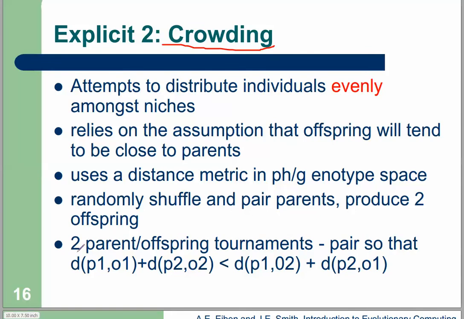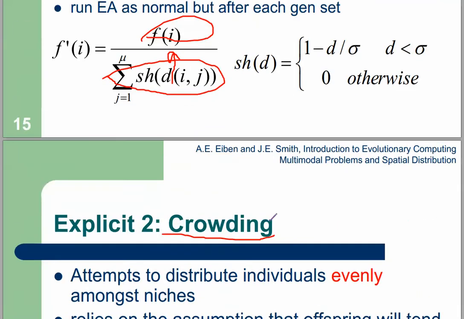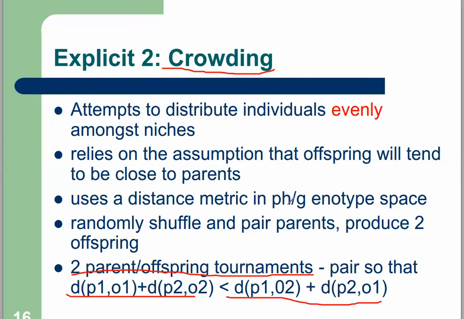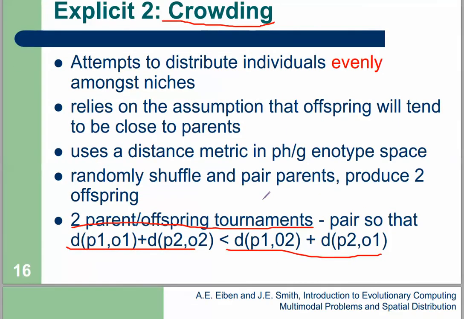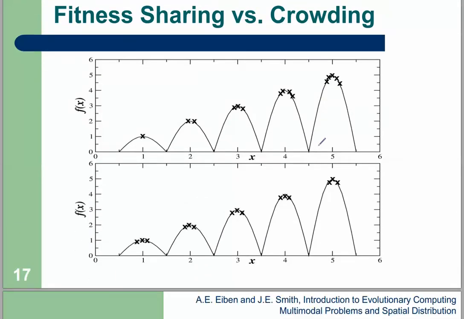In the crowding method, we select the parents, for example, by tournament selection in the radius. The difference between crowding and fitness sharing is related to the behavior of crowding. Crowding changes much slower than the fitness sharing method.